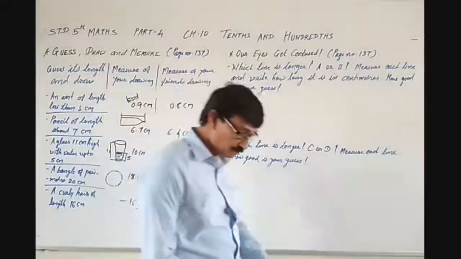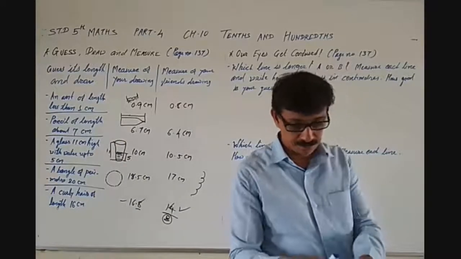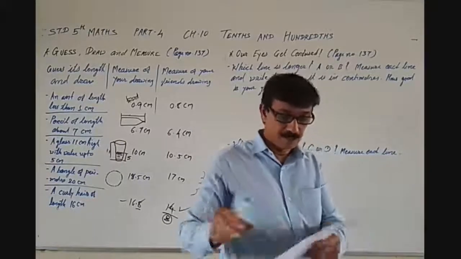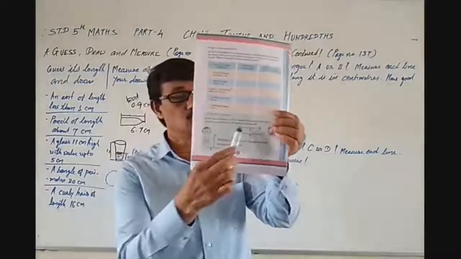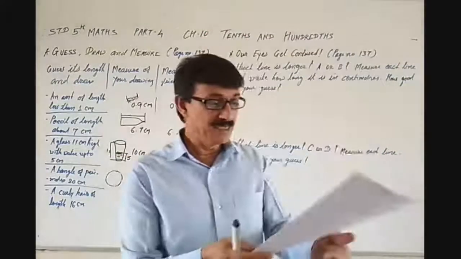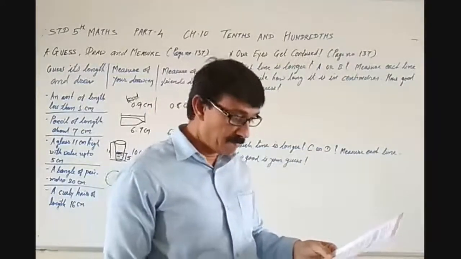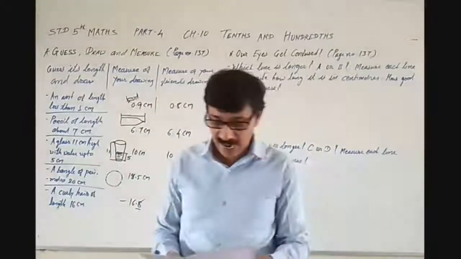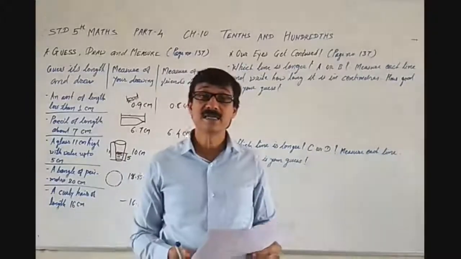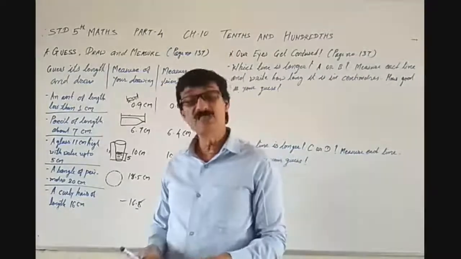So first of all, let me show you that. See, here you can see two lines, A and B, isn't it? Now the question is, which line is longer, A or B? Measure each line and write how long it is in centimeters. How good is your guess?